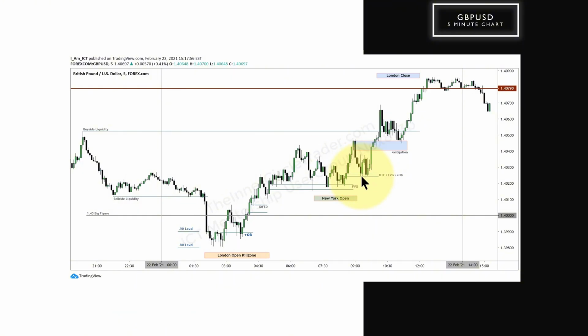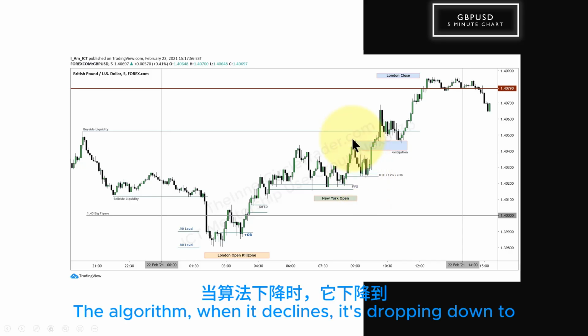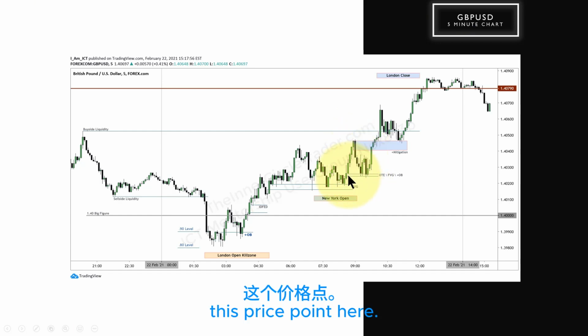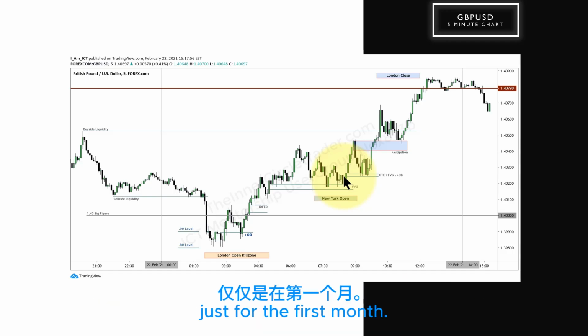Okay, so back to the buying and selling pressure idea. The algorithm, when it declines, it's dropping down to this price point here. Now, if you just take a couple moments to think about what I've been teaching you just for the first month.